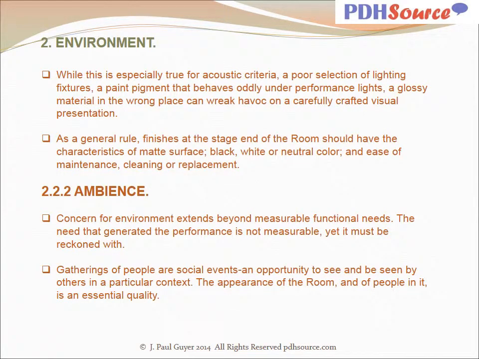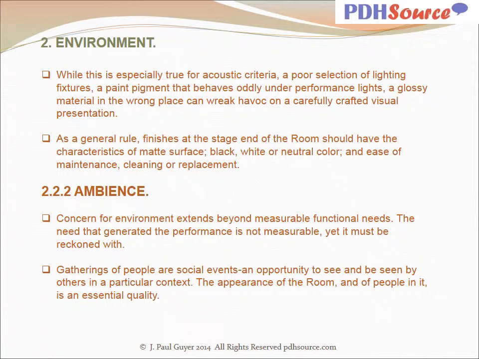While this is especially true for acoustic criteria, a poor selection of lighting fixtures, a paint pigment that behaves oddly under performance lights, a glossy material in the wrong place, can wreak havoc on a carefully crafted visual presentation. As a general rule, finishes at the stage end of the room should have the characteristics of matte surface, black, white, or neutral color, and ease of maintenance, cleaning, or replacement.